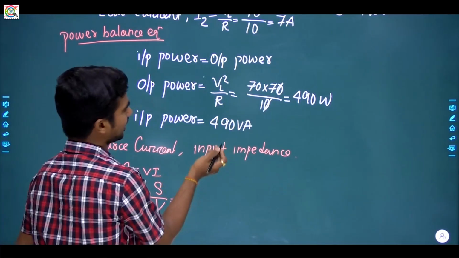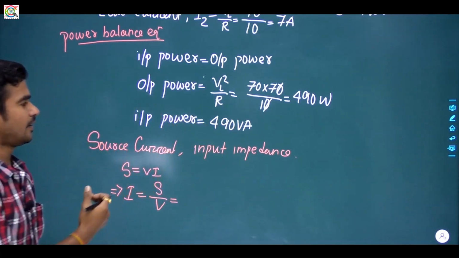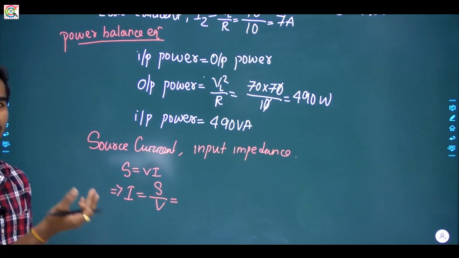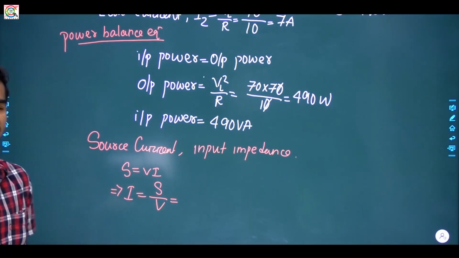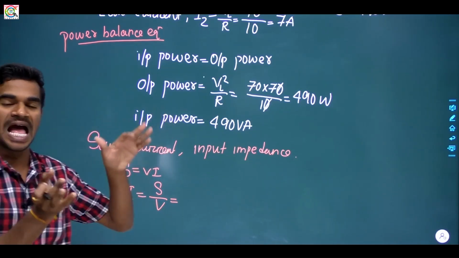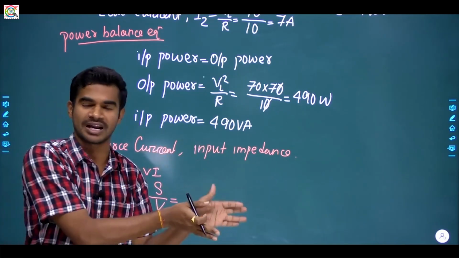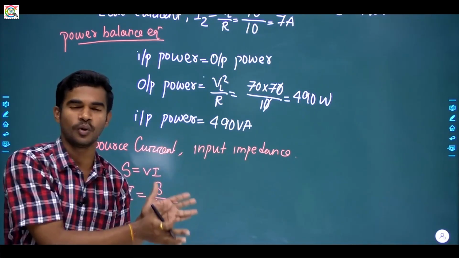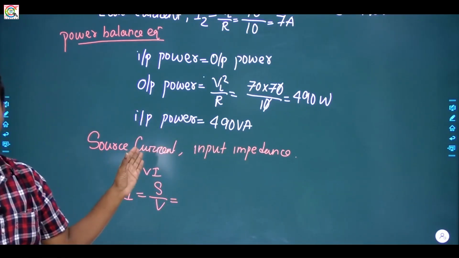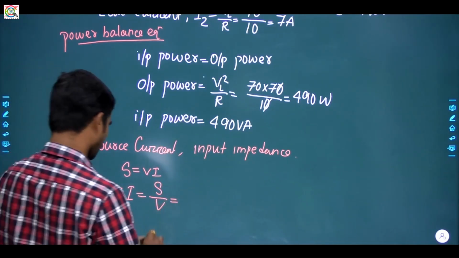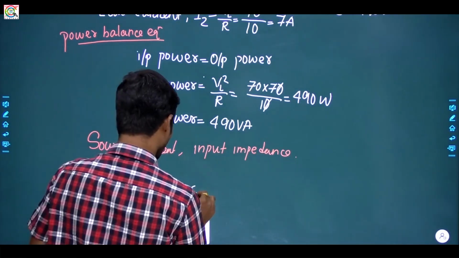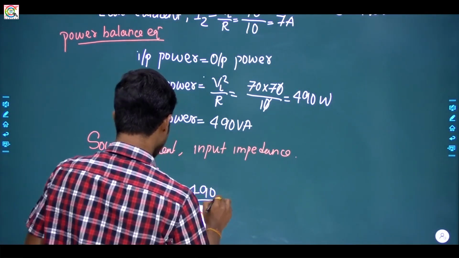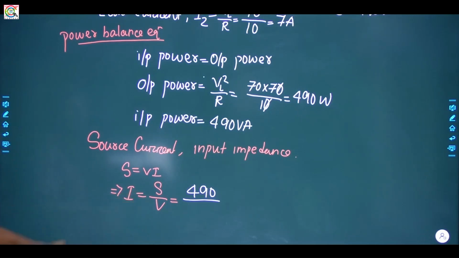The power rating, that is the VA rating, volt ampere rating of the transformer. This combination, I am not talking about the individual transformer here. Here it will be for the combination. So what is the VA rating of the combination? 490. It is 490 divided by the voltage.